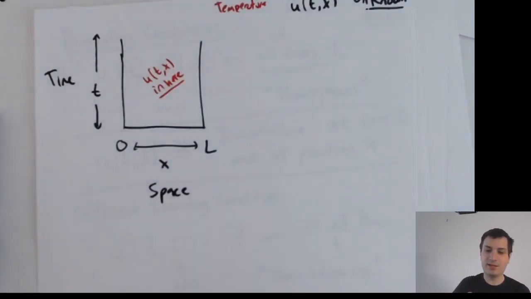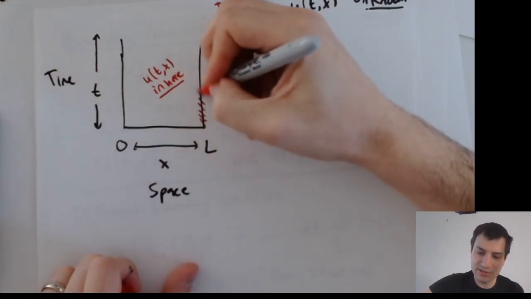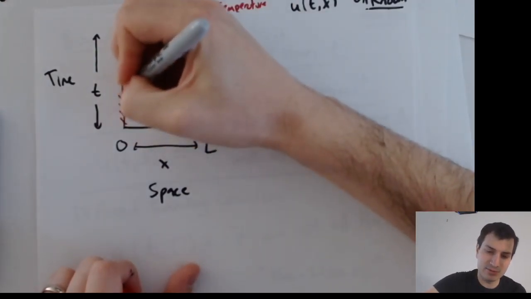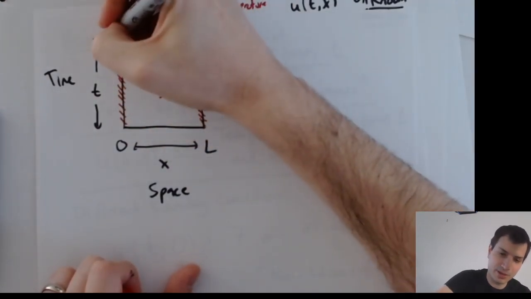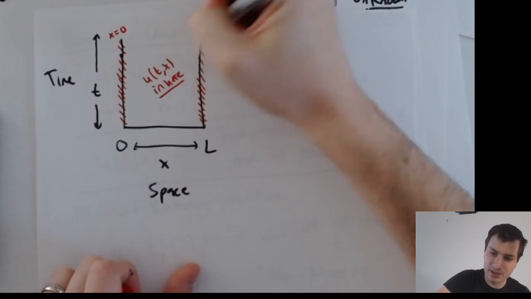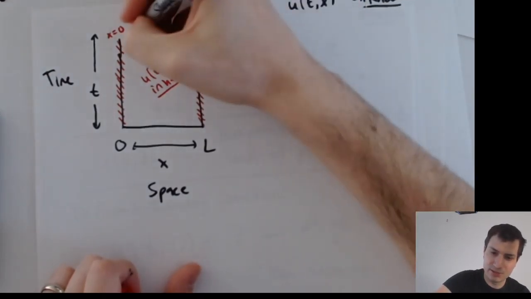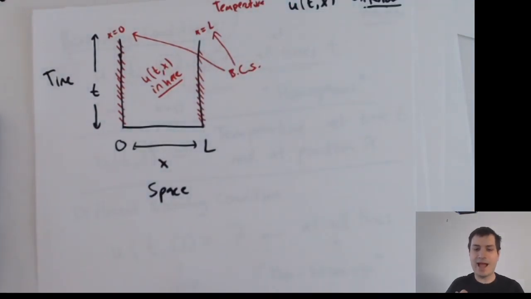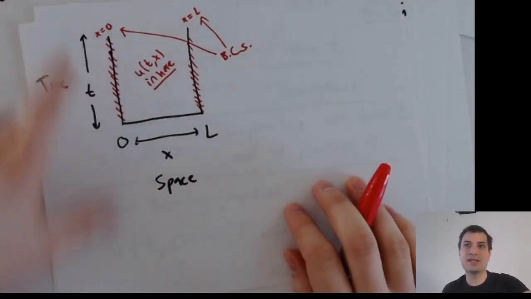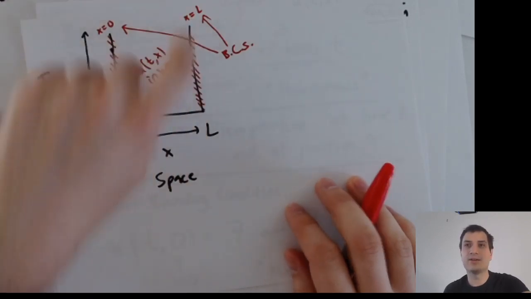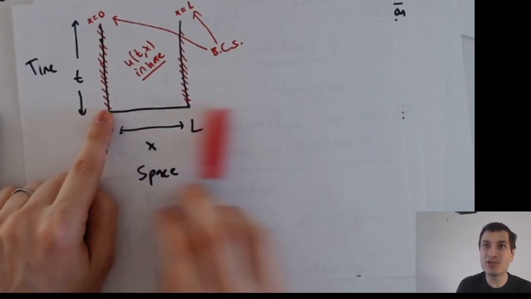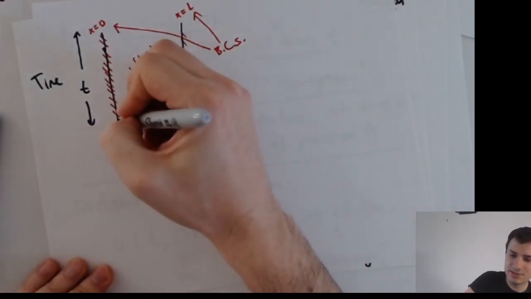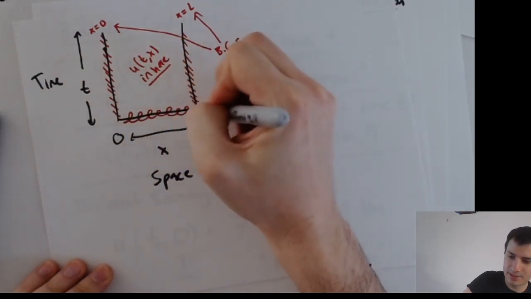What we are given is the boundary conditions, which tell you what's happening on the two ends, at x equals 0 and at x equals L. These are boundary conditions for these two things, and they're for all times t. So it's this vertical line here and here. We're also given an initial condition, which is this thing. So that's the initial.